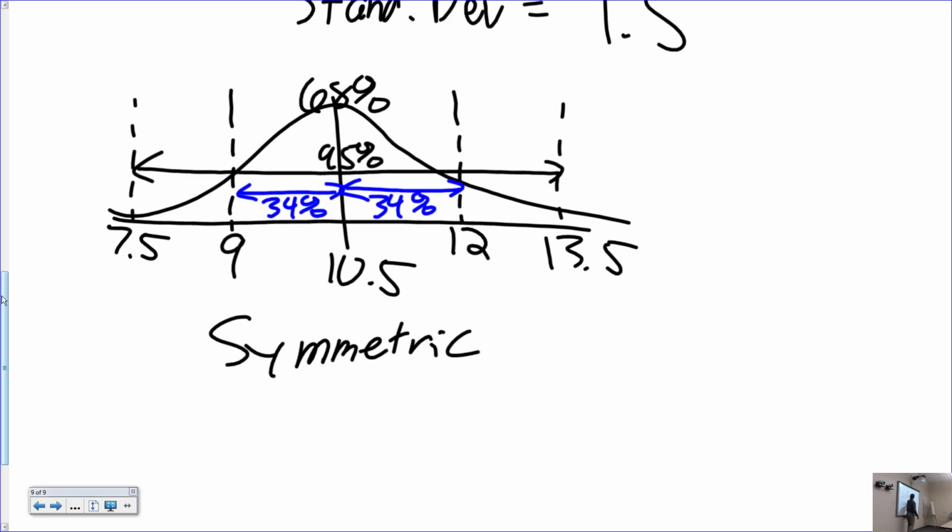What percent of men have a shoe size between 12 and 13.5? This is a little bit harder. This confused me last semester. Half of 95. What's half of 95? 47 and a half. So how much is on that other side? 34.